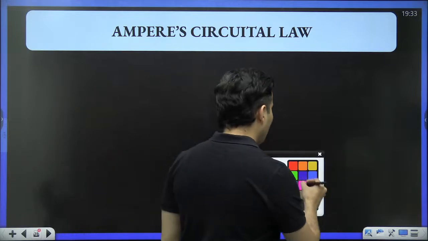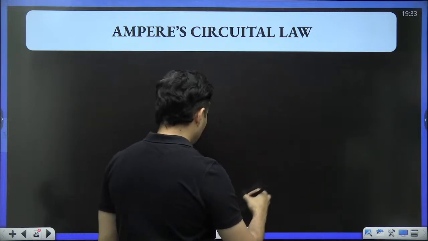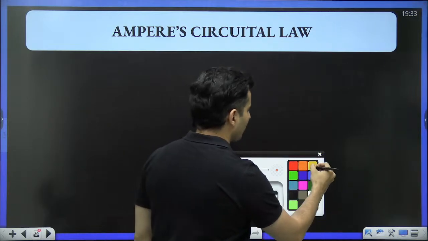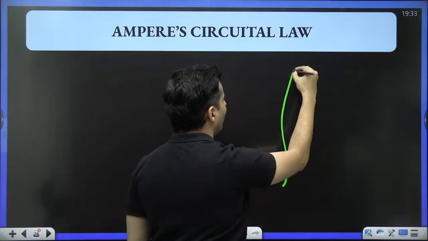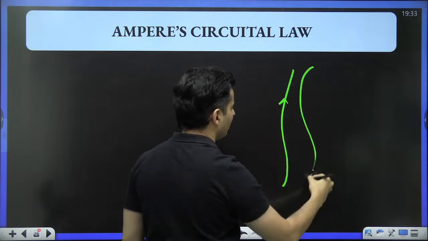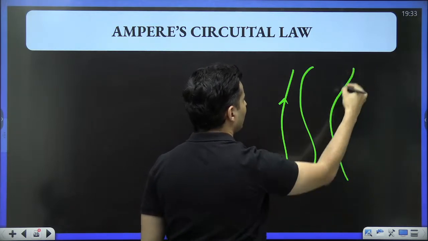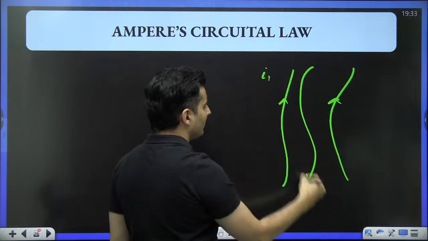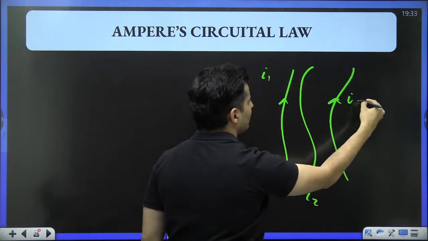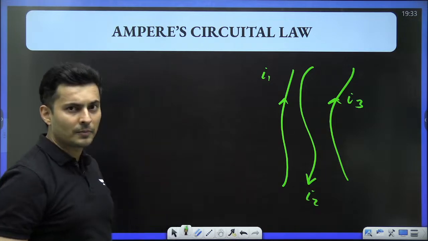So imagine you have, let's say, certain wires which carry some current. Let's say this is one wire which carries some current, this is another wire, and this is another wire, I1, I2, I3, and so on and so forth.